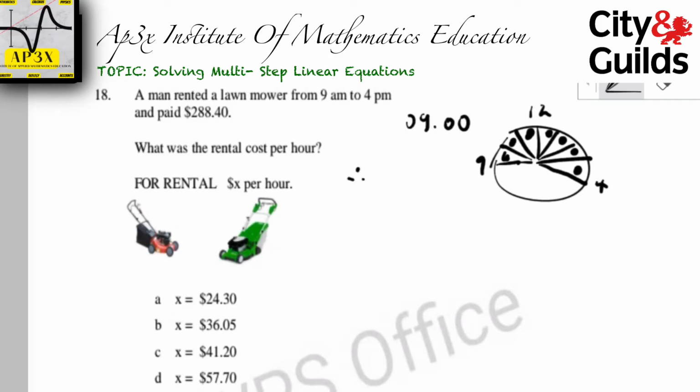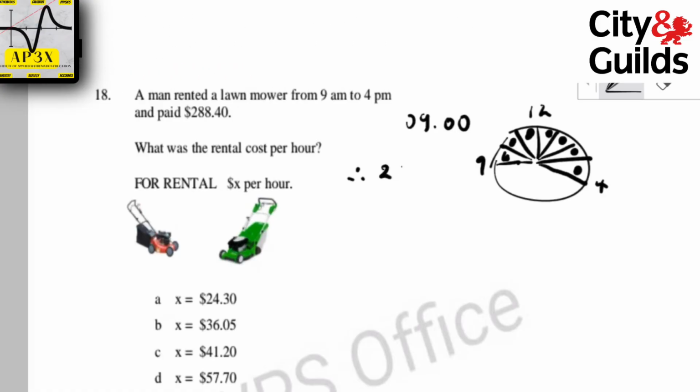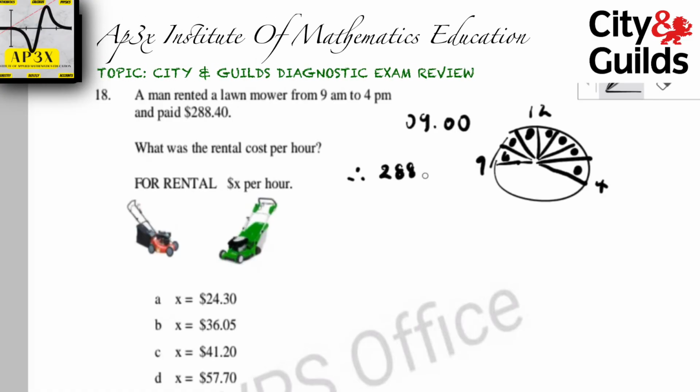Now basically, since he paid $288.40 for the whole 7 hours, to find out how much he was paying per hour, we divide this by 7. Again, guys, we don't have a calculator. We could make an educated guess as to what the answer is. If I'm to make an educated guess, it's going to be 7 multiplied by 40 something, because 7 fours is 28.